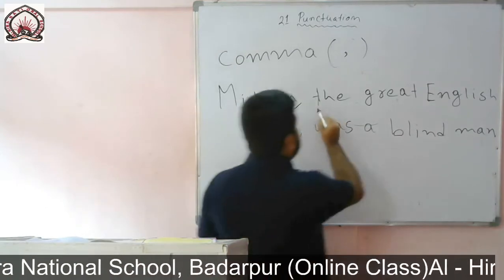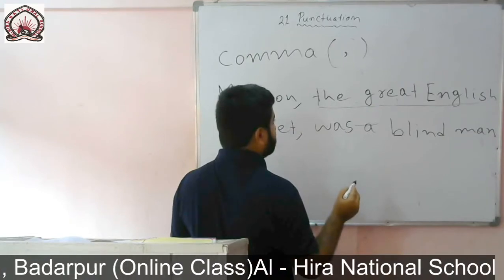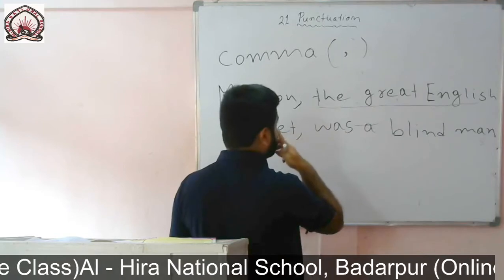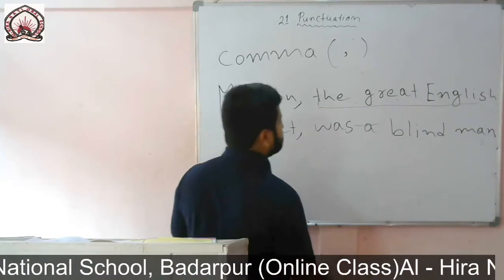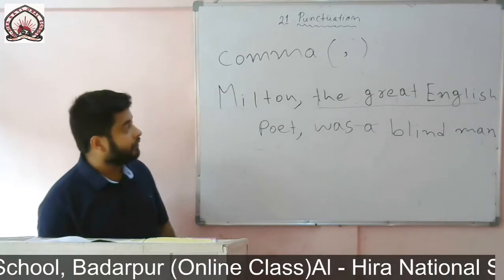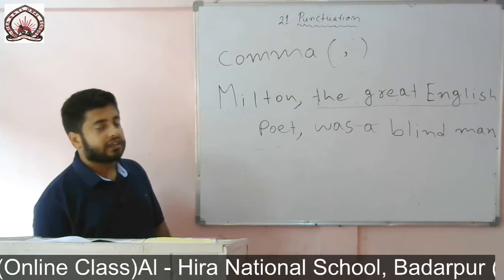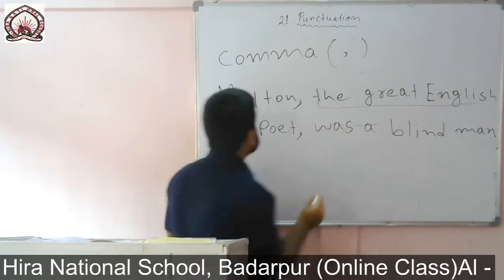So if we find any extra information in a sentence, then we have to use comma. I could have written like this: Milton was a blind man. Milton was a blind man, but the great English poet, this is what? Extra information. So we have to put comma.